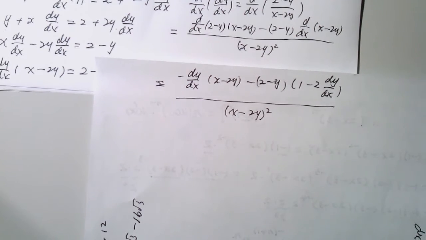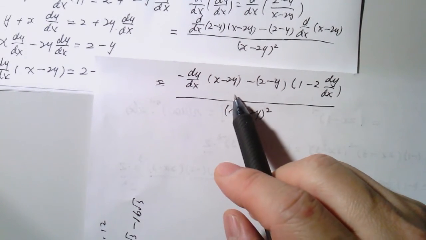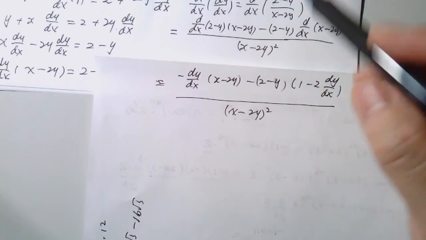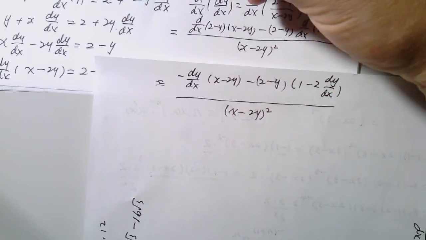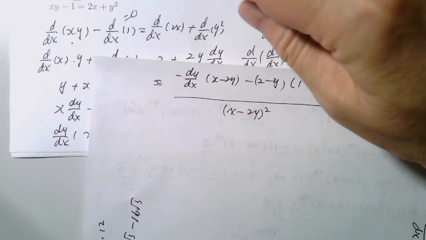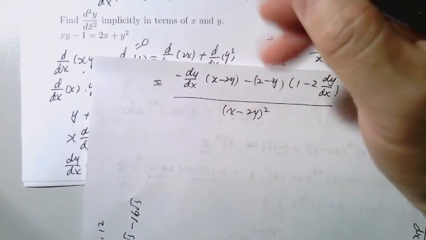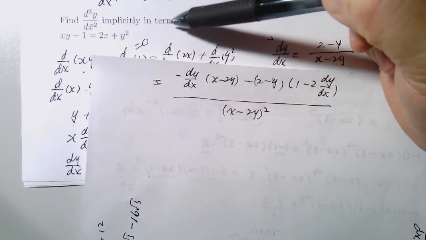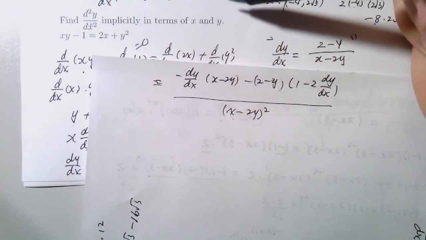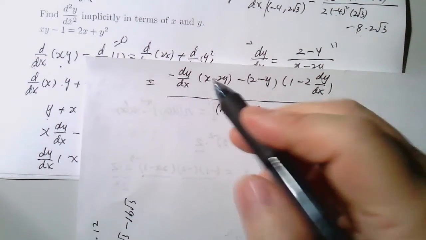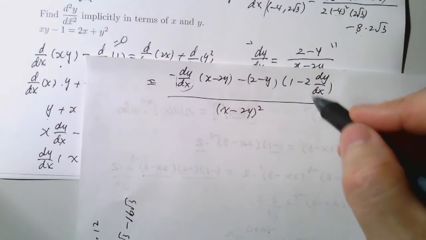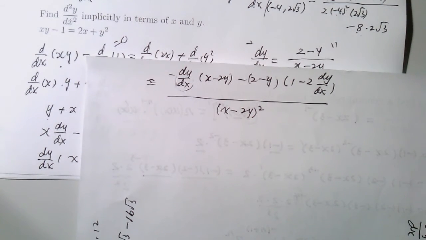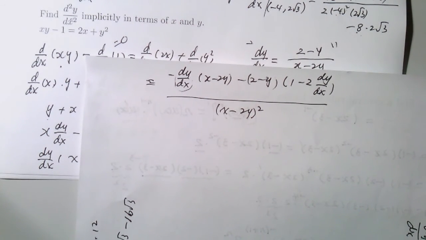Okay, so now remember, it says we're going to write the second derivative implicitly in terms of x and y. That means your answer cannot contain dy/dx. So what do you do here?